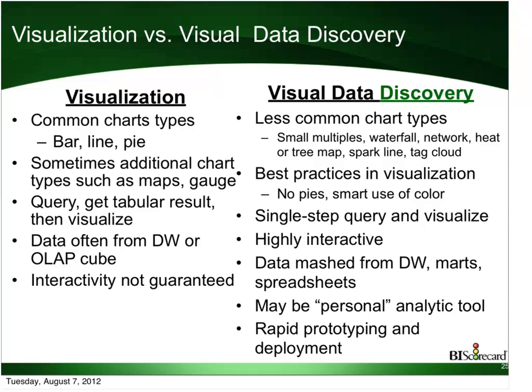So not really using pies when the size of the wedge is too similar for us to perceive the difference, or smart use of color. So being aware of 10% of the population being colorblind, not mixing red and green without applying texture, things like that. And then that single step query and visualize process, which Tableau nicely demonstrated.